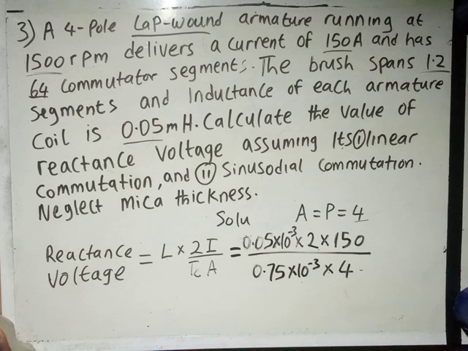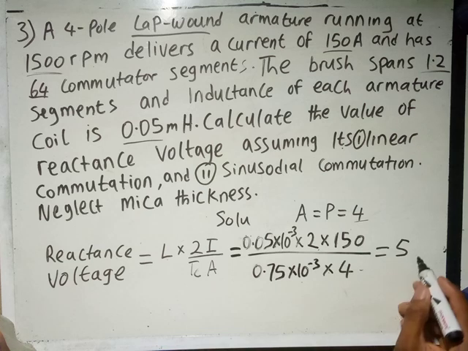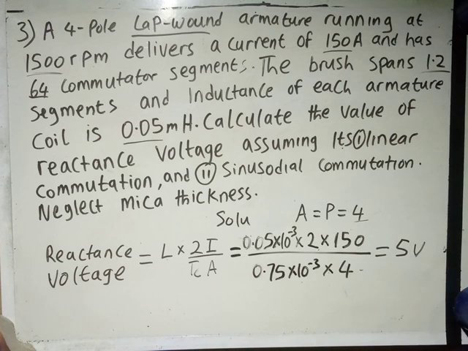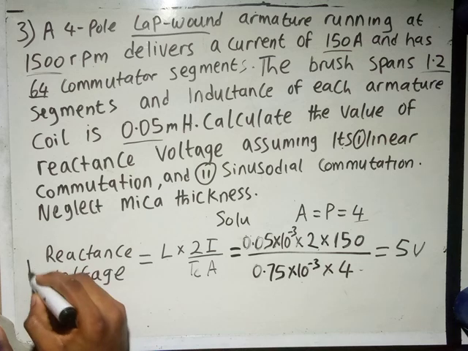And we have that our answer is 5 volts. This is for linear commutation, that's for part 1.